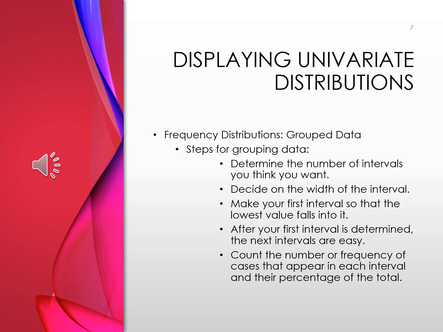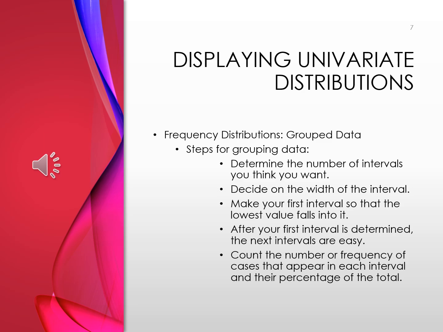Categories should be mutually exclusive and exhaustive, so every case is classifiable in one and only one category. The first interval must contain the lowest value, and the last interval must contain the highest value in the distribution. Each interval, with the number of values that fall within it, should be the same size.